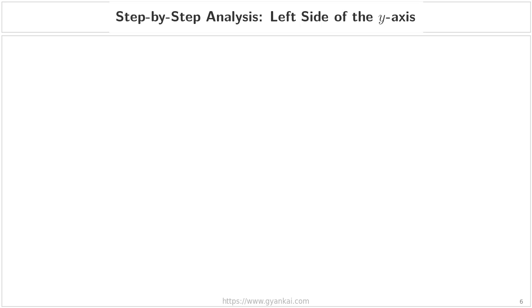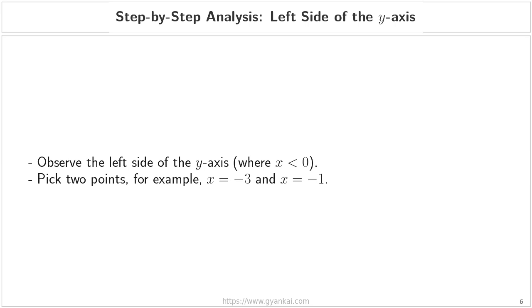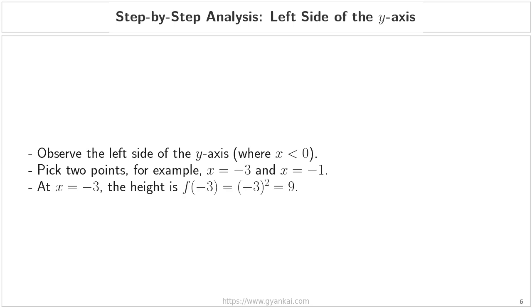Step-by-step analysis, left side of the y-axis. Now, let's put our theory into practice, using the parabola we just introduced. First, let's focus our attention on the left side of the y-axis, which is the region where x is less than 0. To see exactly how the function behaves in this area, let's pick two specific points to compare. For instance, we can choose x equals -3 and x equals -1. If we plug -3 into our function, we calculate -3 squared, which gives us a height of 9.